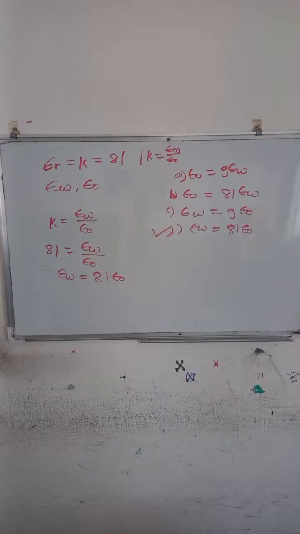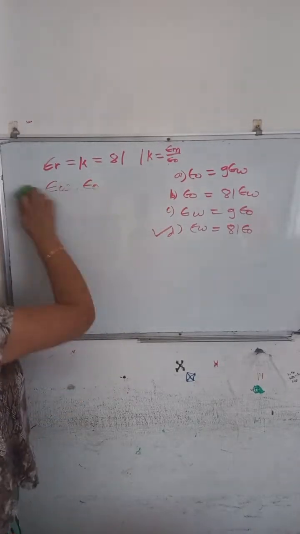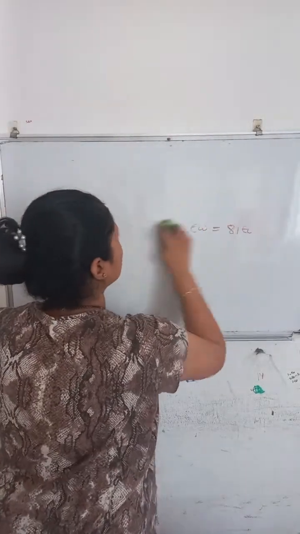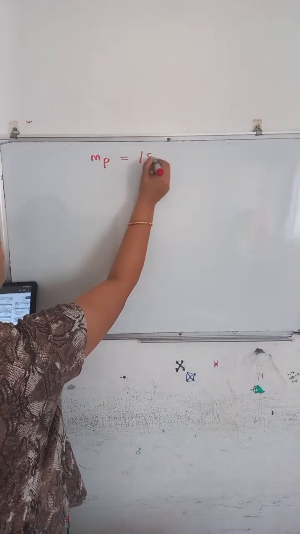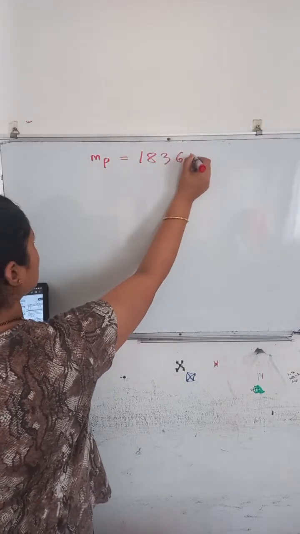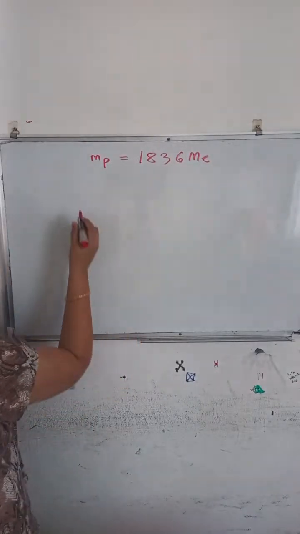The force between two protons separated by the same distance is, and in brackets one piece of information is given, that also you can write down. That information is: mass of a proton is equal to 1836 times that of the mass of an electron.